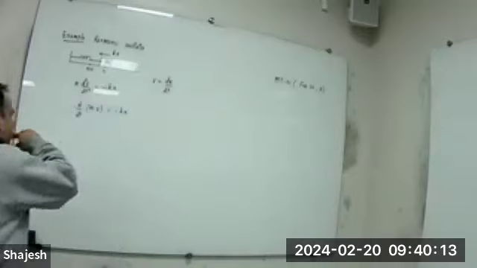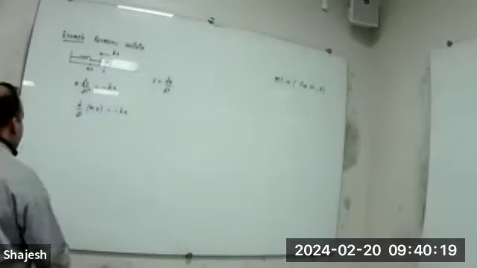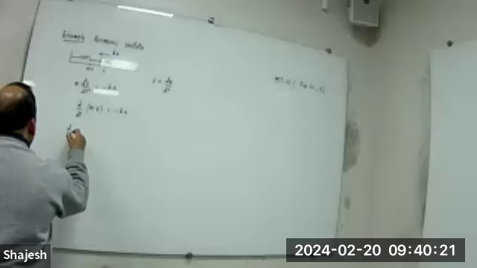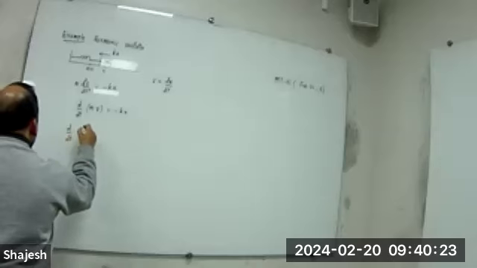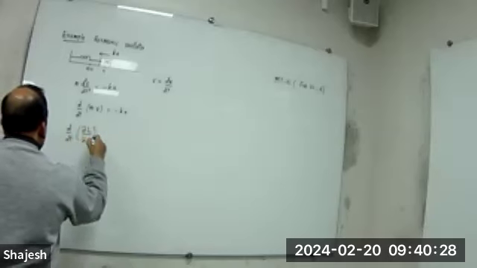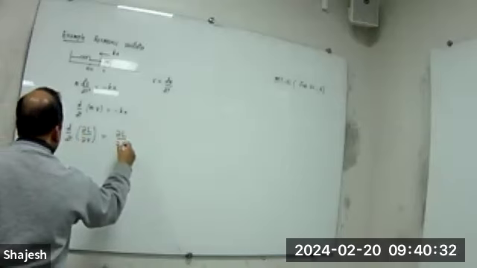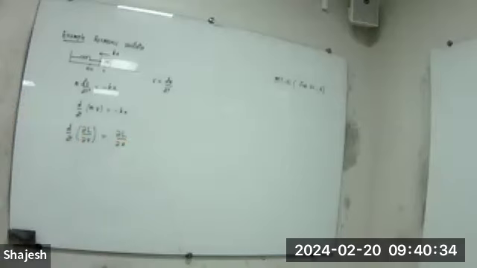Compare this with the Euler-Lagrange equation: d by dt of dL by dv is equal to dL by dx.